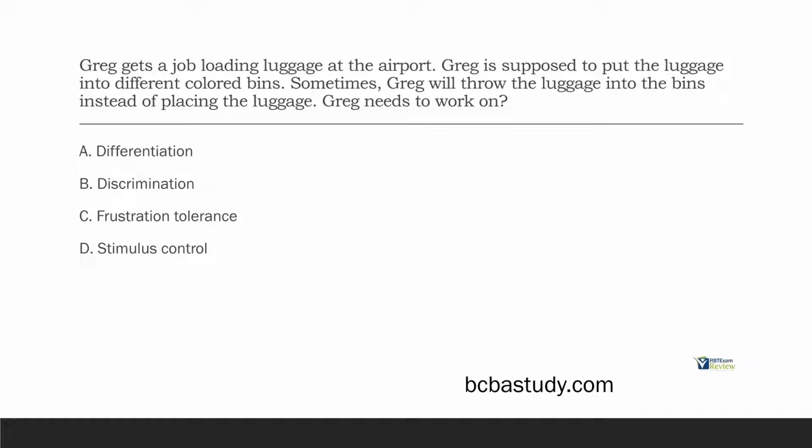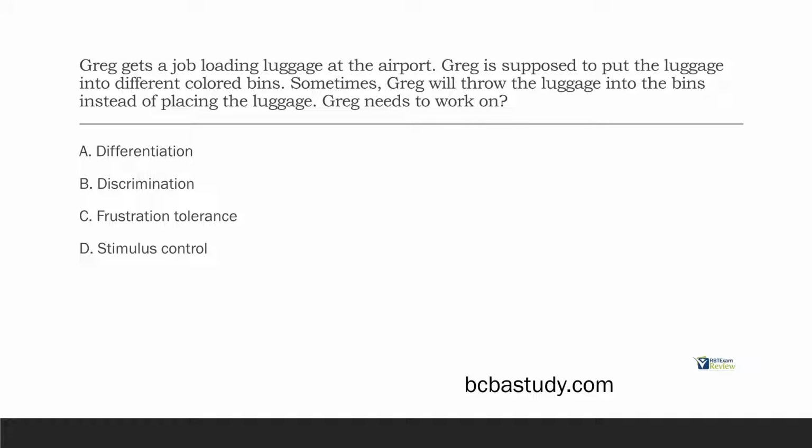Be very careful with these questions that you don't just immediately jump to discrimination, because that's what we more commonly think about, discrimination training. Differentiation is just as important, right? Frustration tolerance, not something we're going to really consider here. We're not going to consider Greg frustrated or mad or bored or irresponsible. None of those things, right? Remember, objective, observable, measurable. And then stimulus control.